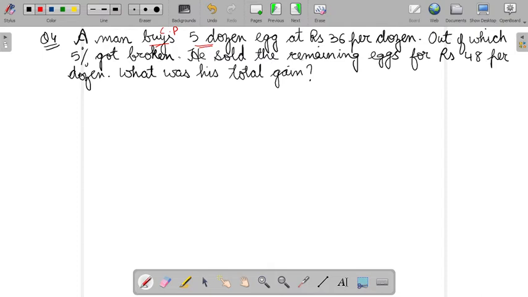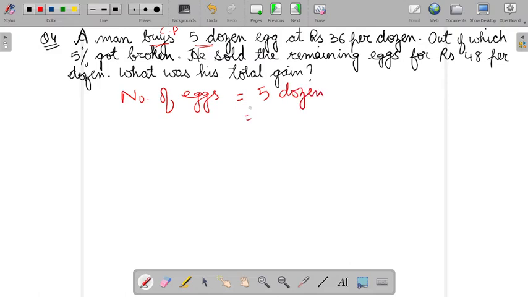He sold the remaining eggs for rupees 48 per dozen. What was his total gain? So first we will find out the number of eggs here. Number of eggs equals 5 dozen.